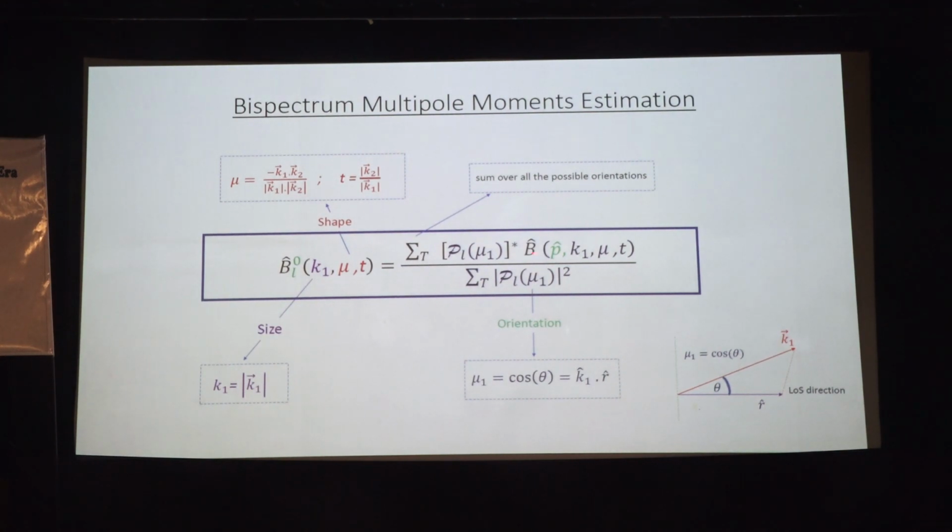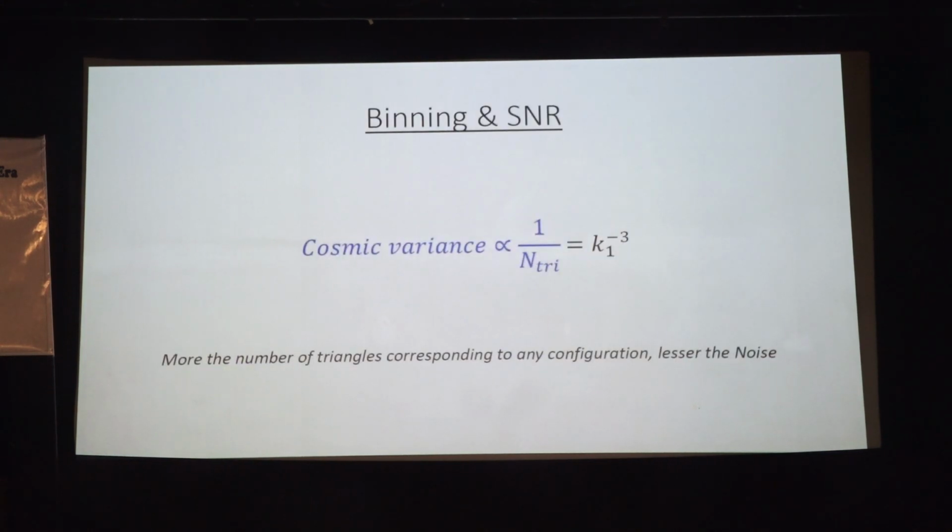This is your bispectrum in redshift space, and this is the Legendre polynomial. By taking the average over different triangle orientations, we can find the multipole moments corresponding to different triangle configurations.